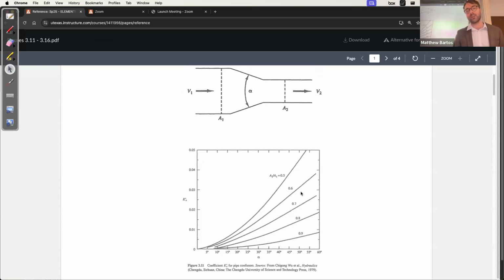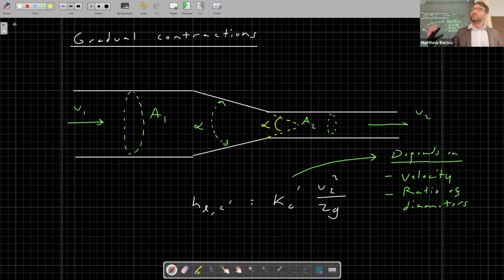So you might see the contraction losses expressed like this, where it's a function of the ratio of the cross-sectional areas of the two pipes. And again, most of these tabulations are empirical, so they may differ between different sources.